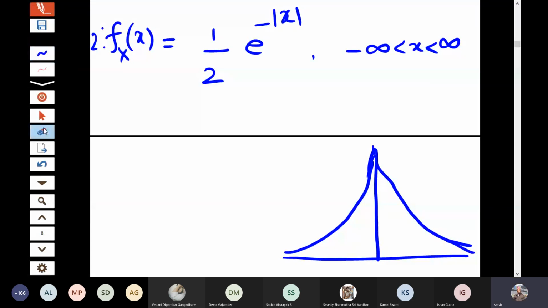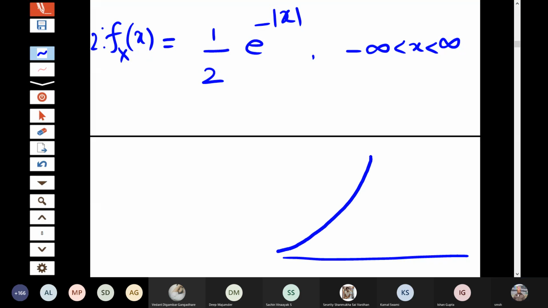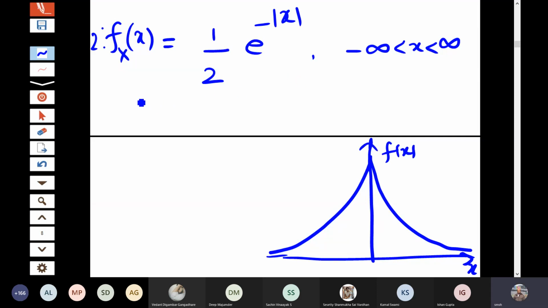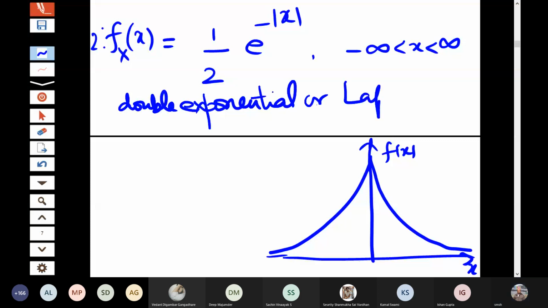On this one the graph, because this stylus pen actually fluctuates, this is known as the double exponential or Laplace distribution. I have written a particular form where it is symmetric about 0.